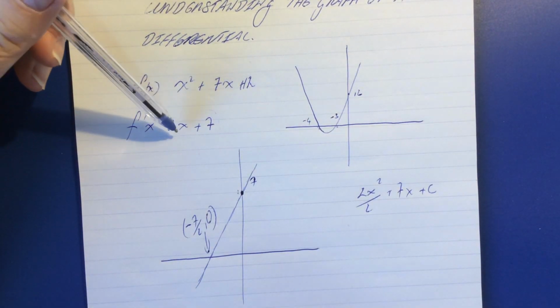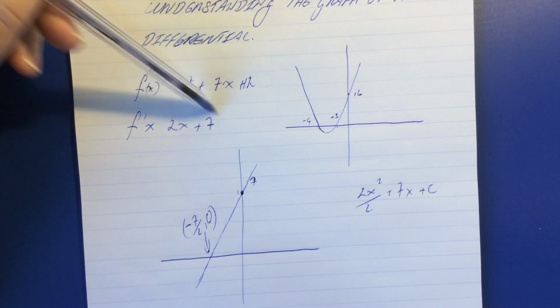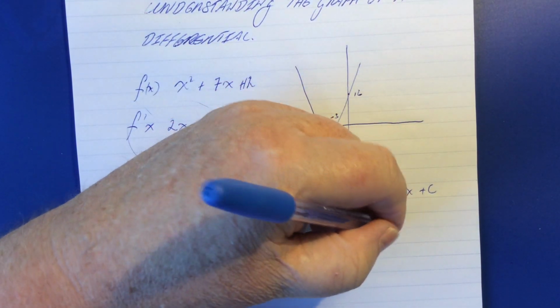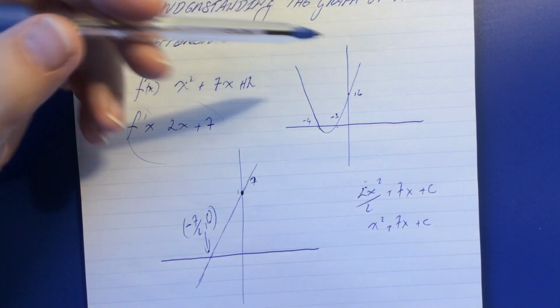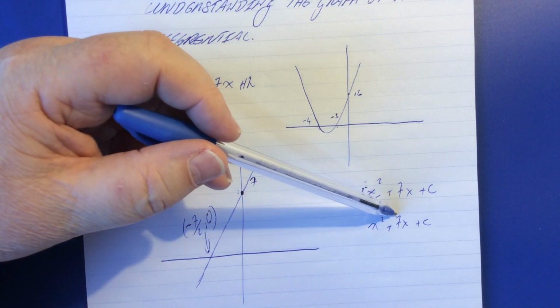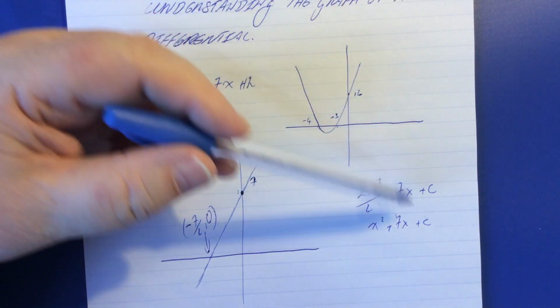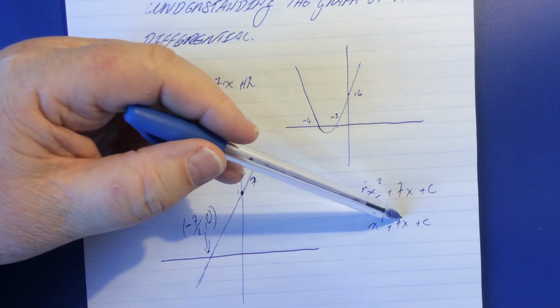If we had no other points of reference other than this, we'd have x squared plus 7x plus c if we tidy that up. Now, I hope you can see that we could have a number here that is other than 12 and still have 7 here.